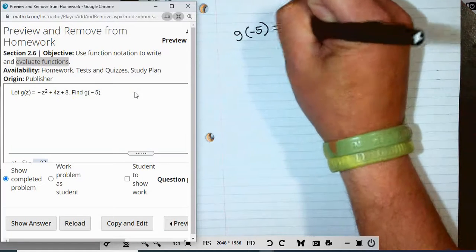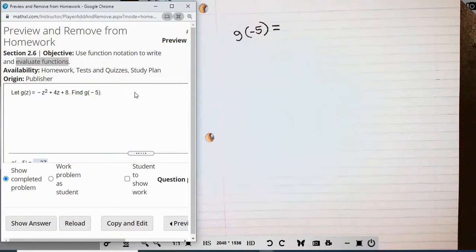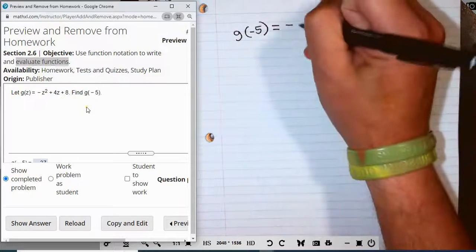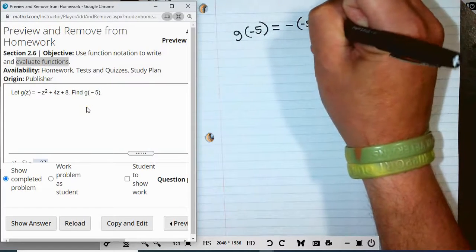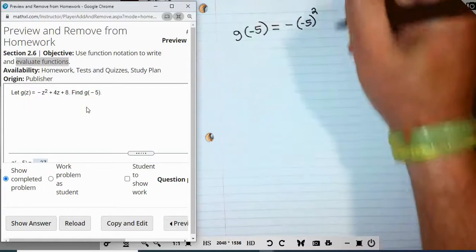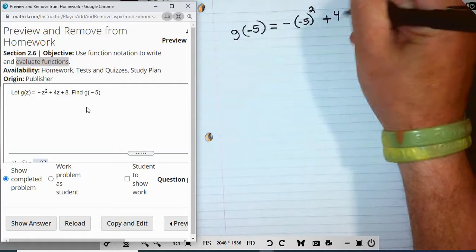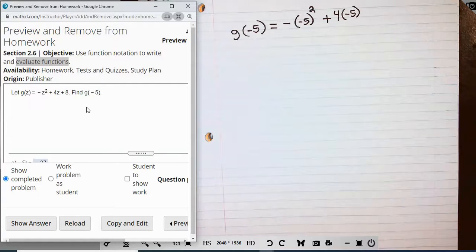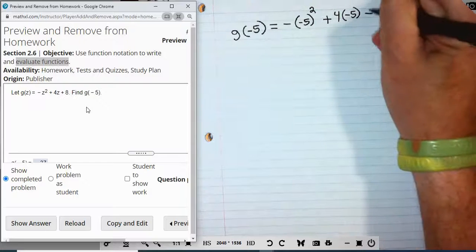We are trying to find g of -5. Remember, there's a trick to this one: there's that pesky leading negative coefficient, so be sure to include that. Then I will plug in -5 here, square it as the function indicates, plus 4 times -5, plugging in -5 for z again, plus 8.